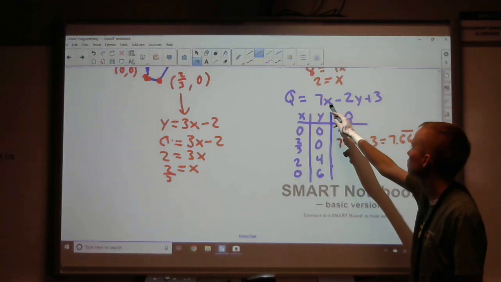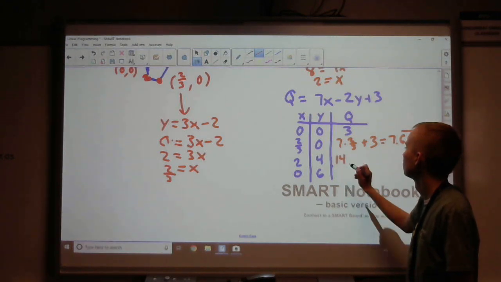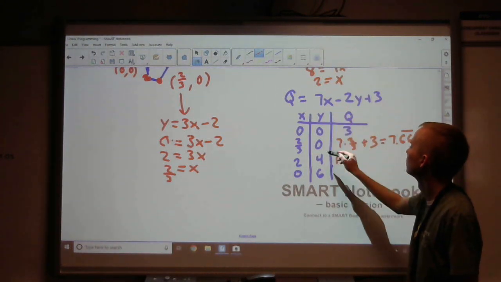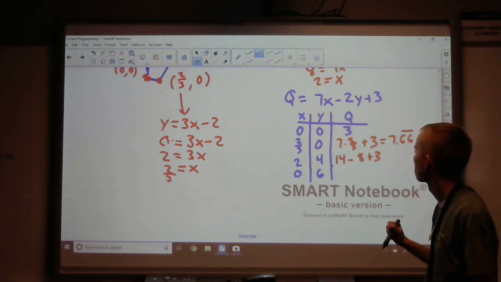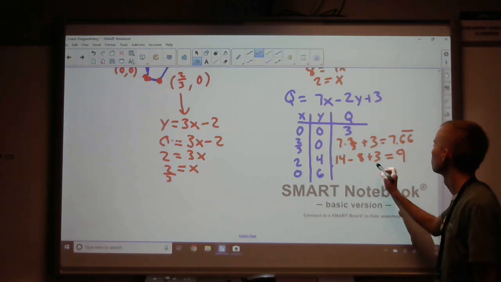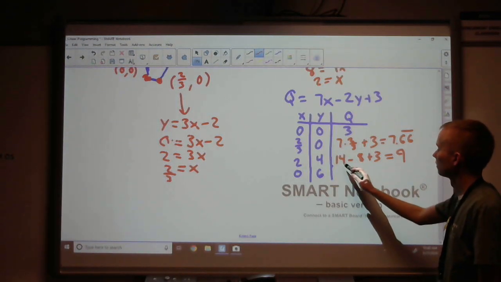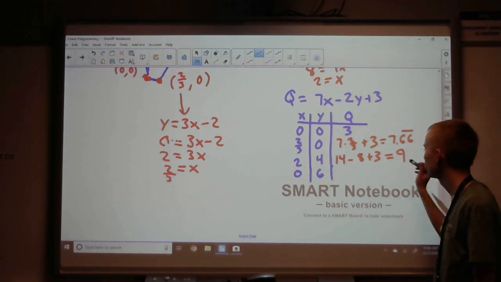So when I plug in 2, I get 14. And then 4, I get minus 8 plus 3. So I think we get 9 here, right? This would be 14 minus 8 is 6 plus 3 is 9.